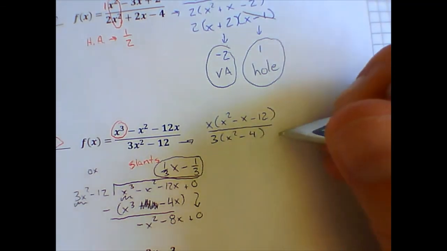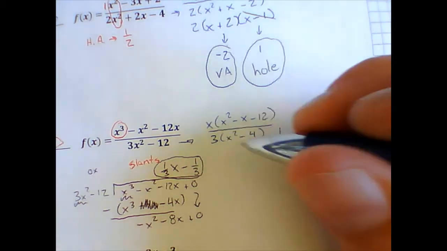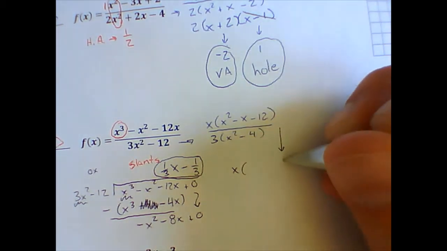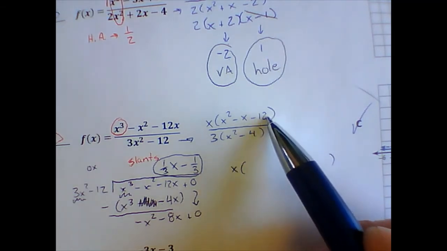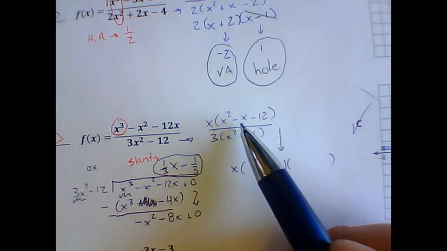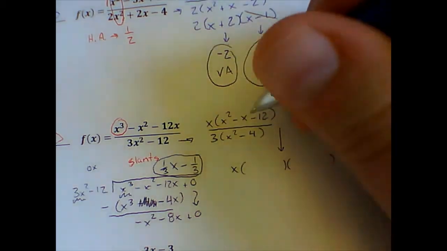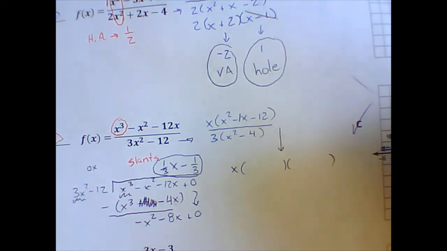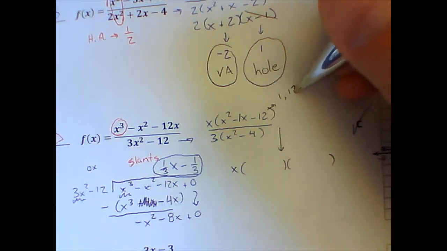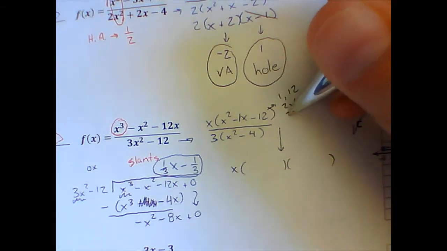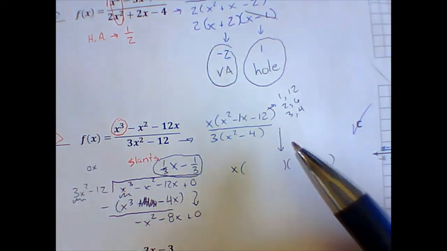Okay, so we're going to bring it down. I'm going to do the top first. So we've got that random x out in front. Okay, and the top, when you're breaking it apart, doesn't tell us anything other than whether something cancels or not. So none of the vertical asymptotes or holes come out of the top. Okay, so we need things that multiply to 12, but they need to subtract to an invisible 1, which I filled in, so it's not invisible anymore.